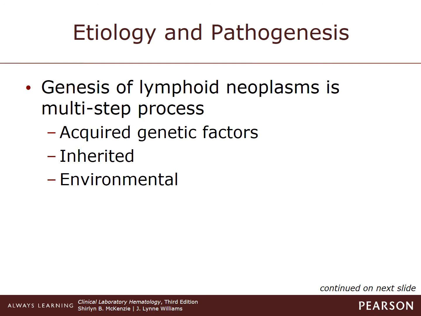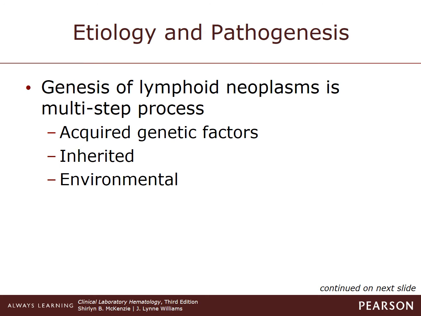The presence of these lymphoid neoplasms is thought to be a multi-step process that can involve acquired, genetic, inherited, or environmental factors. As acquired genetic factors, there are alterations seen in the oncogenes or tumor suppressor genes that have been associated with the development of mature lymphoid neoplasms.